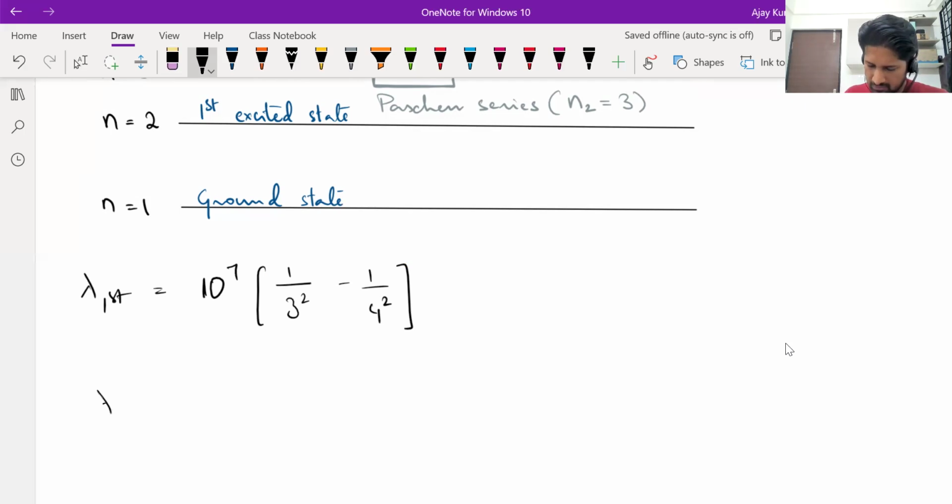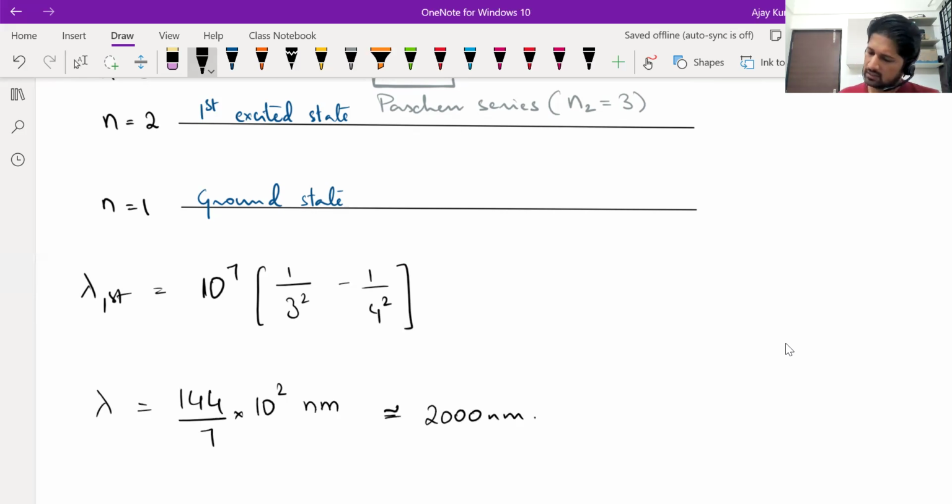Therefore, the wavelength becomes 144 divided by 7 into 10 square nanometers. 144 divided by 7 turns out to be around 20 something. Into 100, close to 2000 nanometers. Let it be.